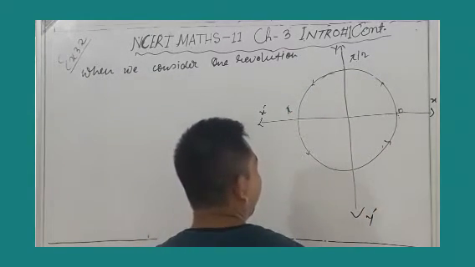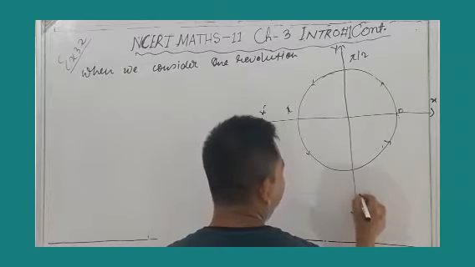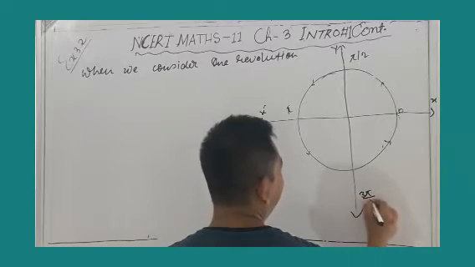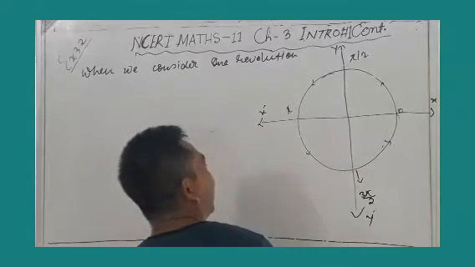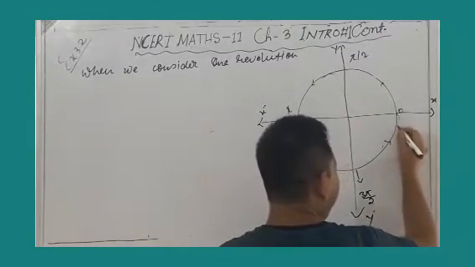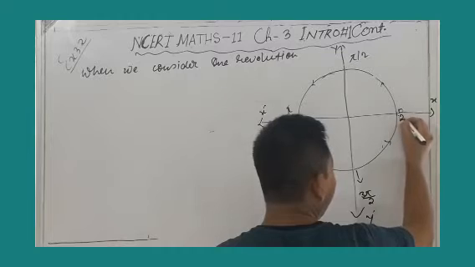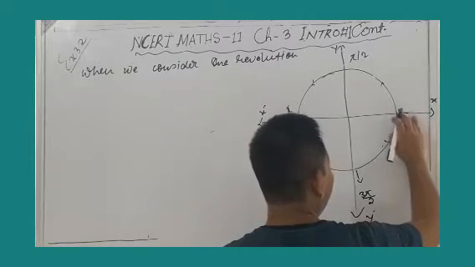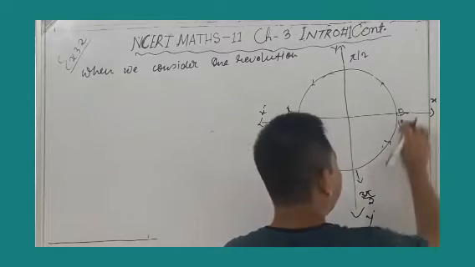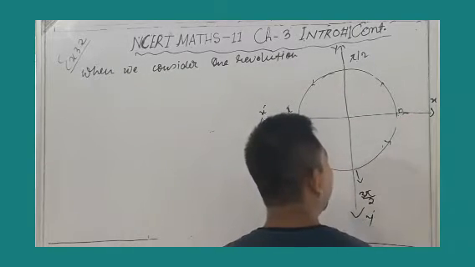Again, it will be 3 pi by 2, and then it returns to the same point, that is 2 pi.